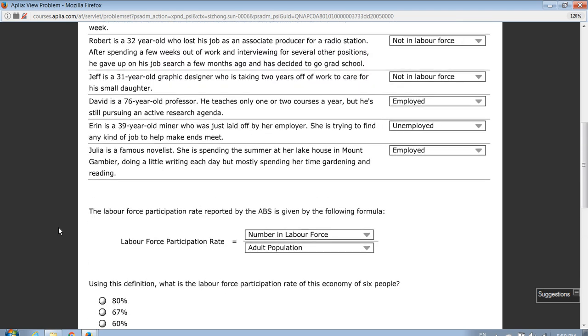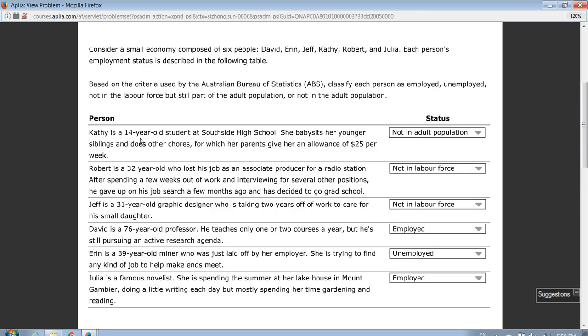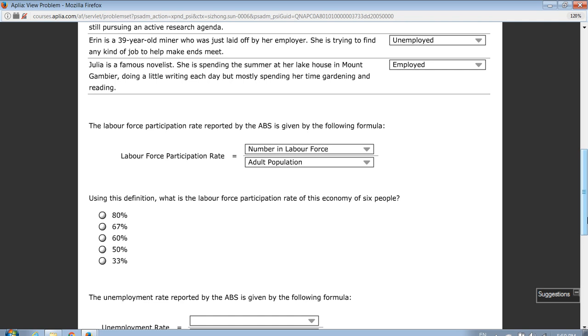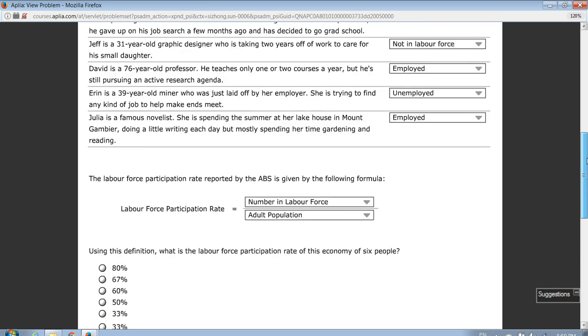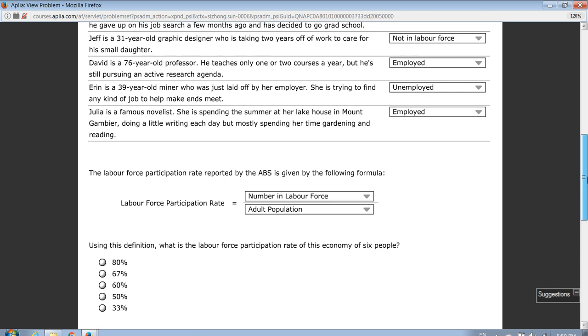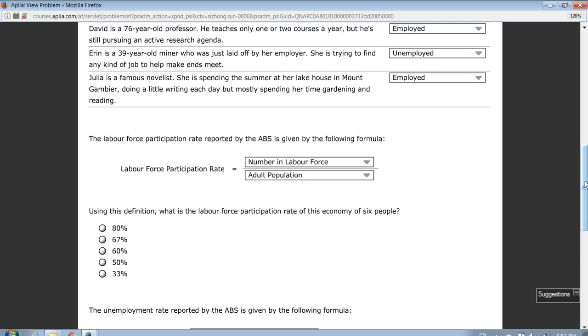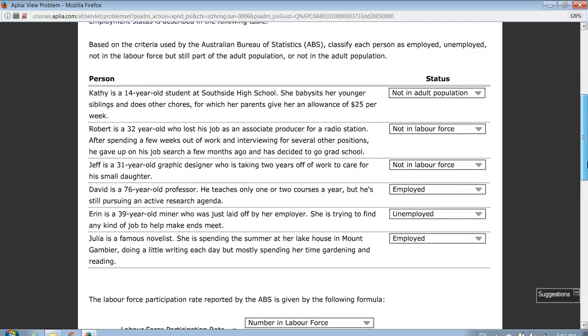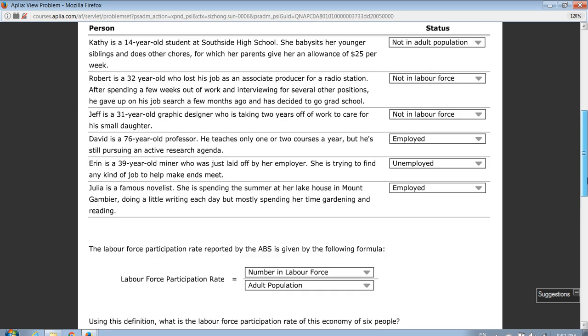So the adult population is... Casey is not an adult, so the adult population is 5.